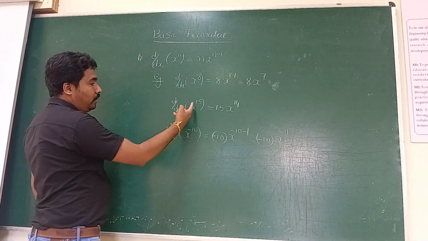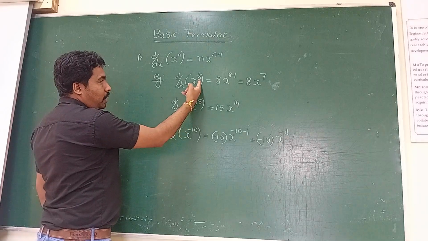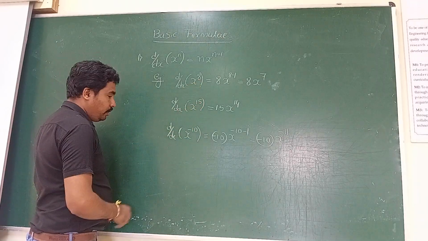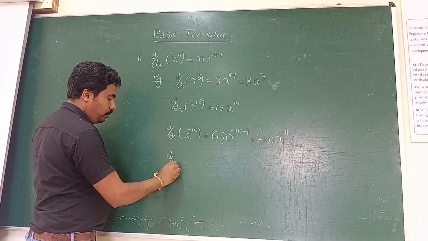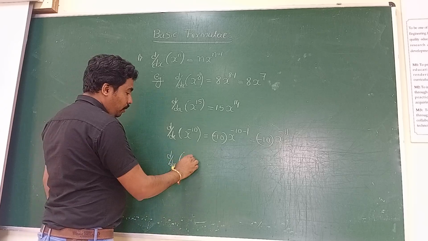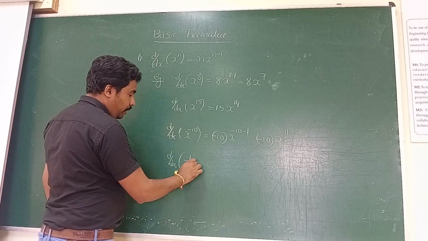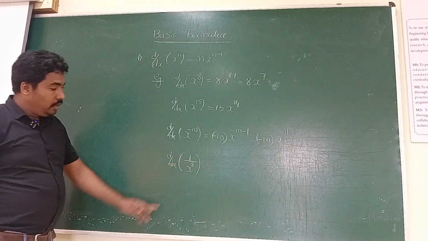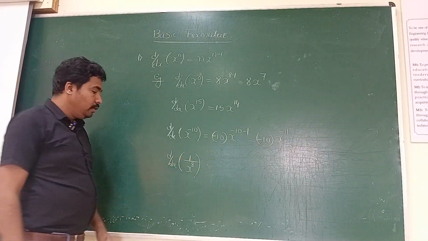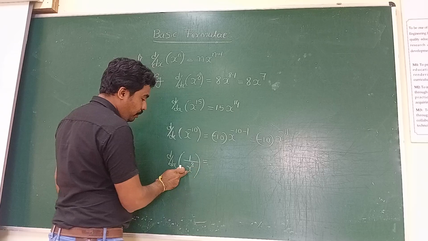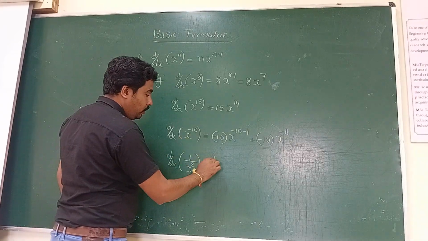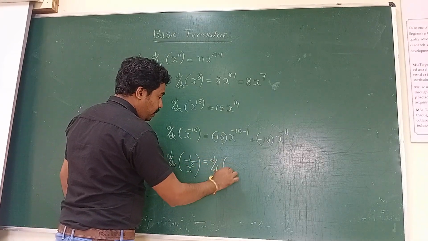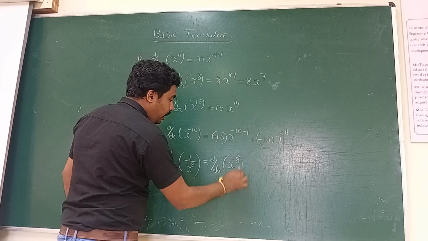Now these are all direct questions: x power 8, x power 15, x power minus 10. Sometimes we may also deal with problems like 1 by x power 8. When a problem is given like this, you have to bring this term to the numerator. So it becomes x power minus 8.